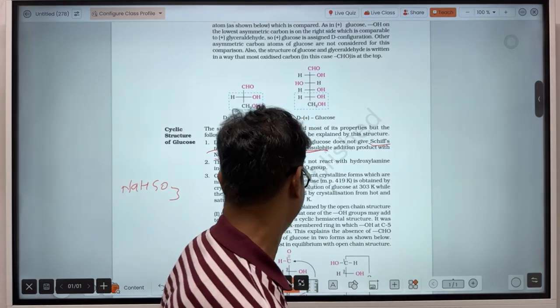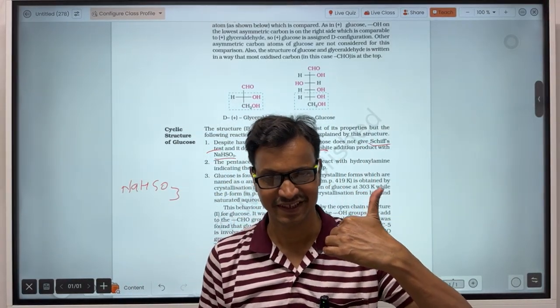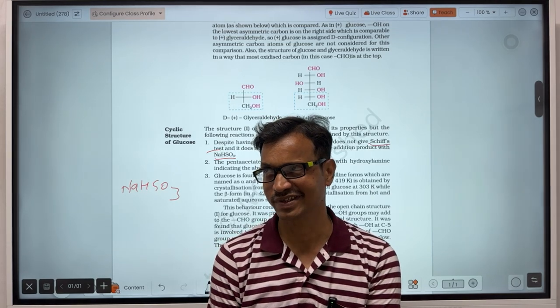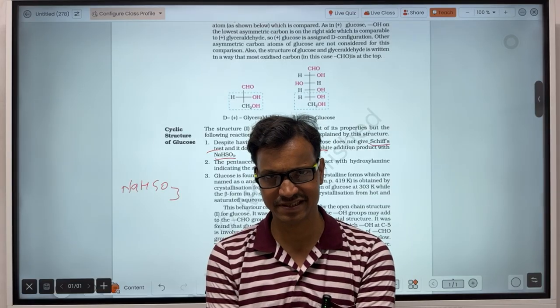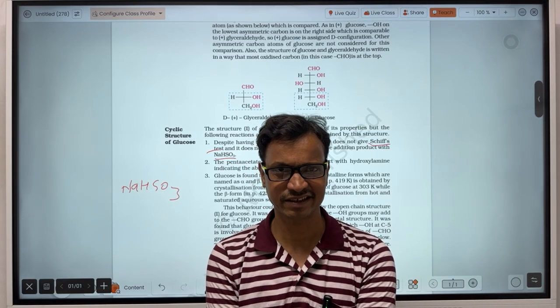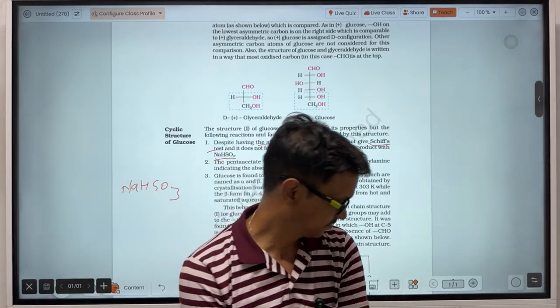Okay, second one. The previous reactions indicated that glucose has an aldehyde group, and these two reactions, that is the reactions with Schiff's reagent and with sodium hydrogen sulfite, indicate that glucose has no aldehyde group.